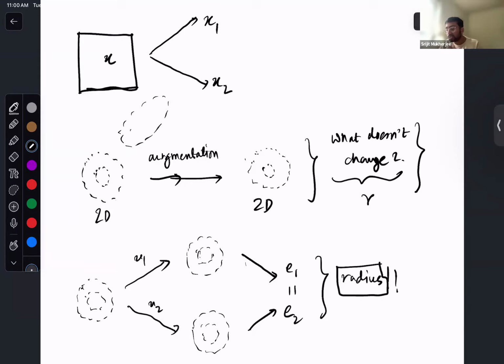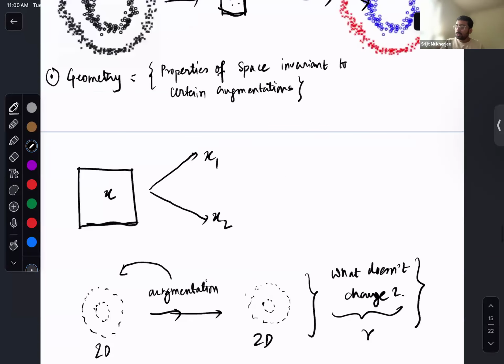So choosing the augmentation is very important. This augmentation should be very specific to the geometry of the input. So in image, this augmentation should be very specific to the image. You shouldn't take any generic augmentation.